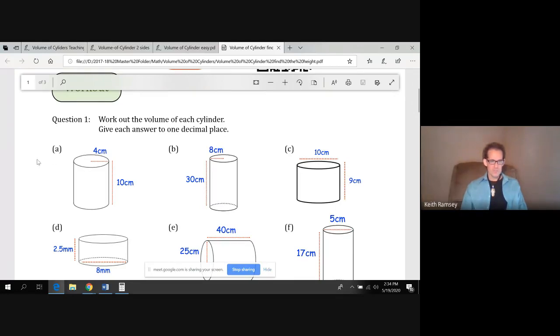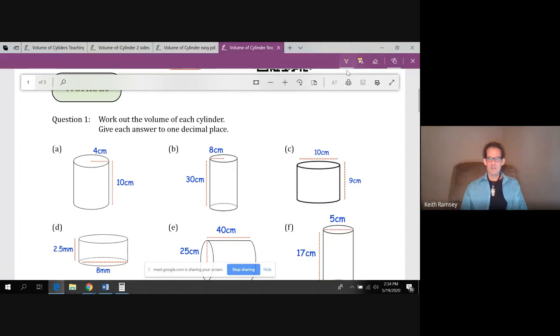So from my formula here, volume of a cylinder is base times height. And we know that means the base is a circle and the area of a circle is pi r squared times the height. Okay, so that means 4 times 4, that's the radius times the radius, times pi, that's 3.14, times the height.